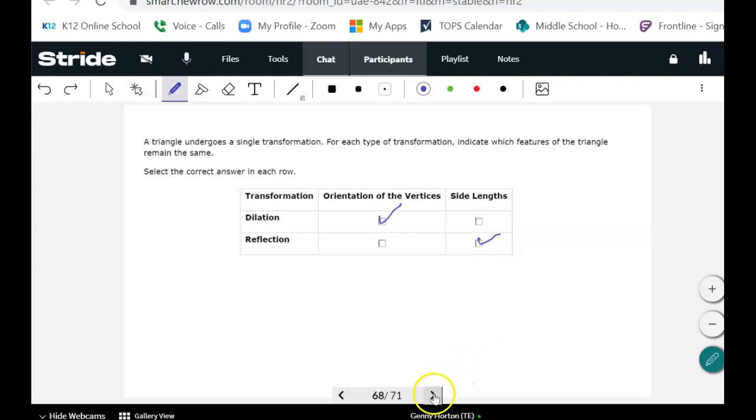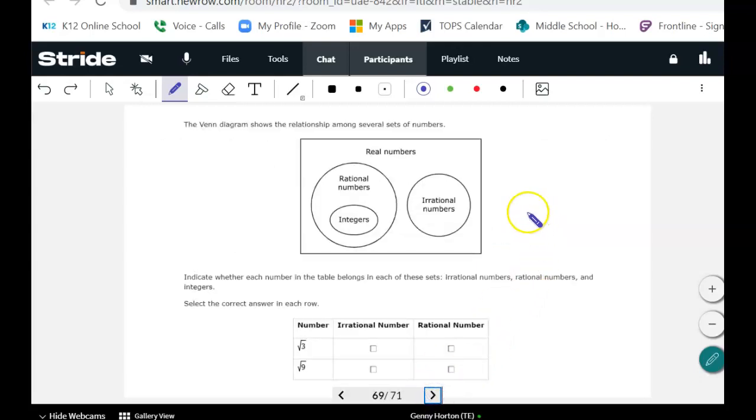All right, next one. A Venn diagram shows a relationship between several sets of numbers. You have the set of real numbers. In that set, you've got rational and irrational, and then you have integers that are rational numbers. Indicate whether each number in the table belongs to each one of the sets: irrational, rational, and integers. So the square root of 3 is a rational number.